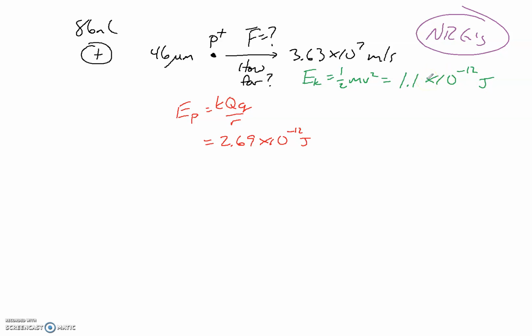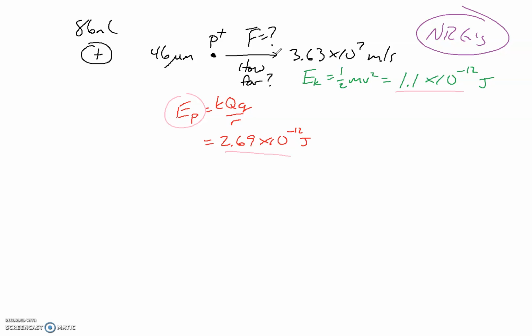All right, so this is how much energy it started with, and then it went further away and got this much kinetic energy. Now, it's all about changing energies. All the changing energies are going to be equal to each other. So the potential energy was this, and as the proton moved further away, the potential energy is going to get smaller, and it's going to get smaller by the change in kinetic energy.